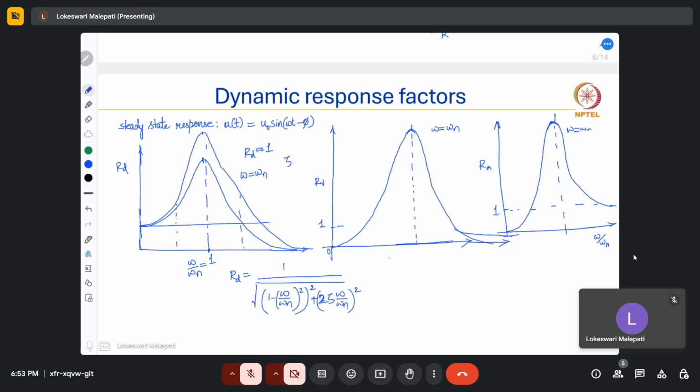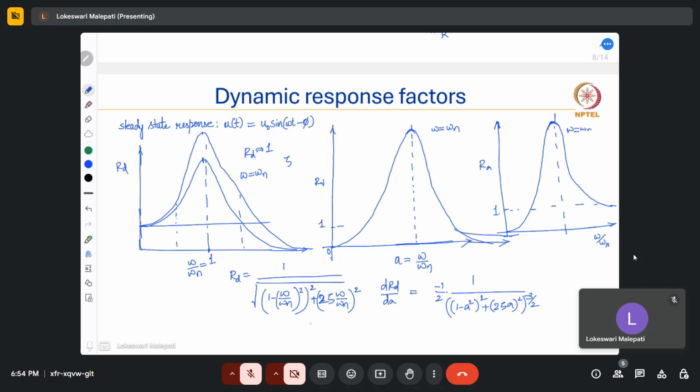To simplify this equation, we can make a substitution that a is equal to omega by omega n. Then we have to differentiate this with respect to a. Then it will be minus 1 by 2 times 1 minus a square the whole square plus 2 zeta a the whole square, this whole power minus 3 by 2.